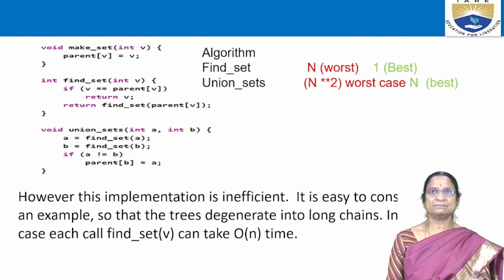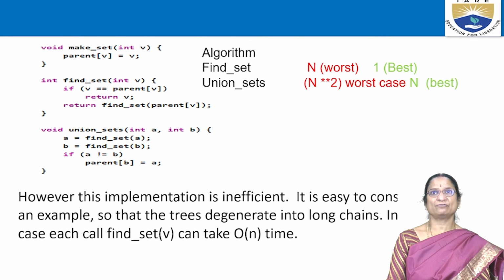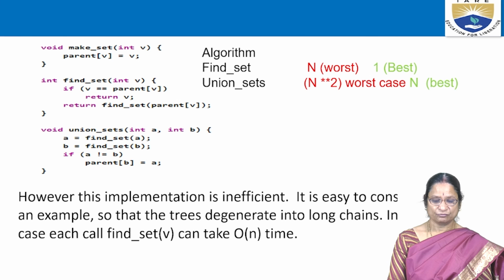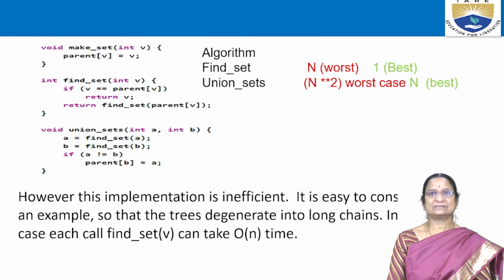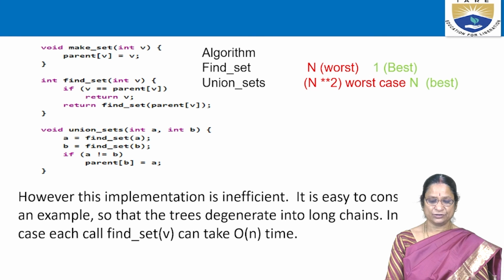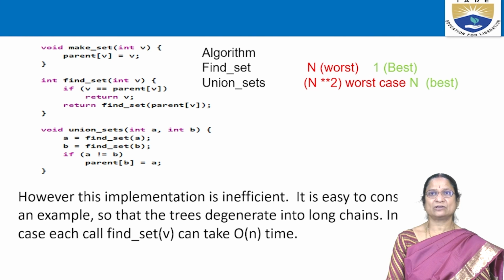The make set algorithm takes an individual element v, so parent of v is v itself. The find algorithm: if v is equal to parent of v, return v, else find set of parent, calling recursively. In weighted union, we first check the find results. If find of a is not equal to find of b, then they don't belong to the same tree, and we set parent of b to a or vice versa.